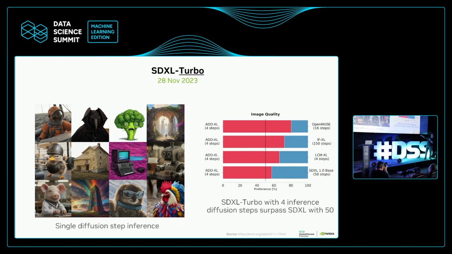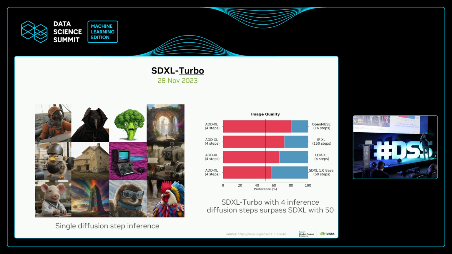And as you can see, SDXL Turbo, with only 4 diffusion steps, outperforms all of the other models. And there is one very interesting fact: our fine-tuned model with 4 diffusion steps is better than our baseline model with 50 steps.